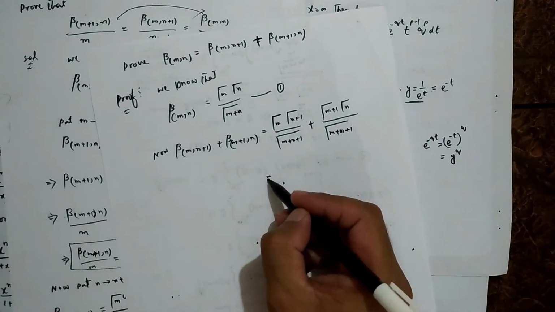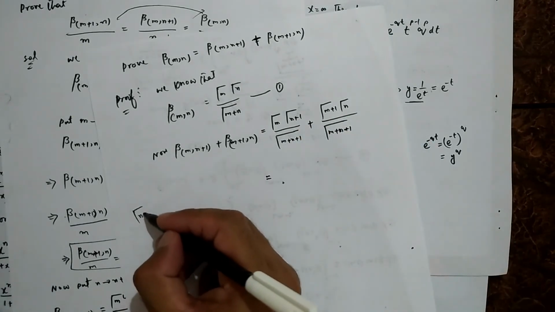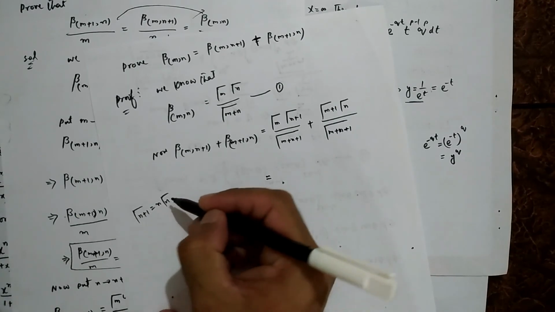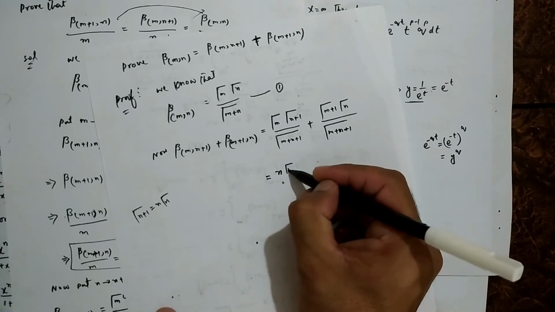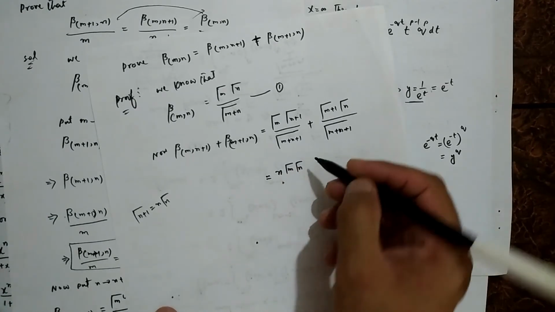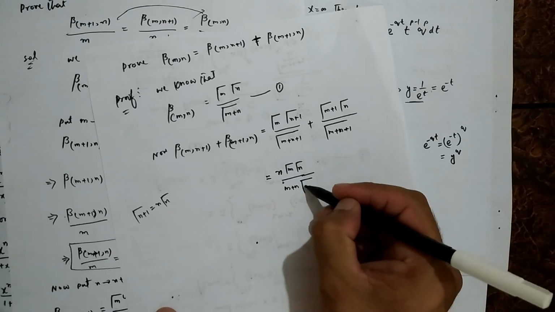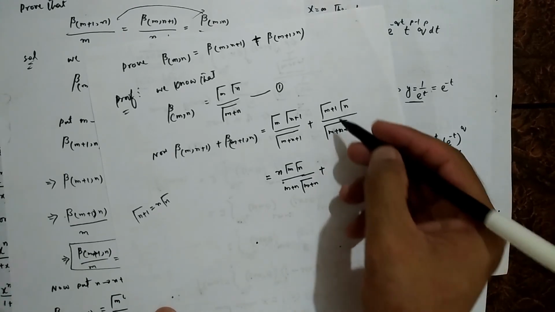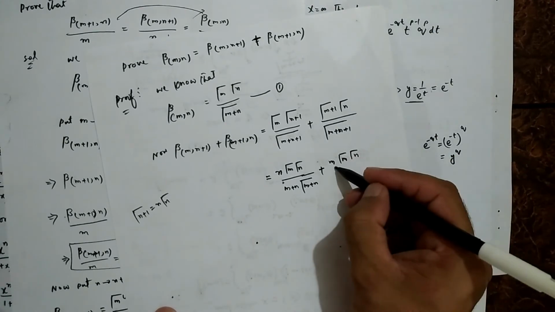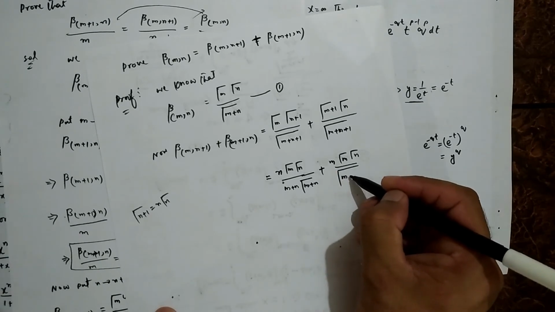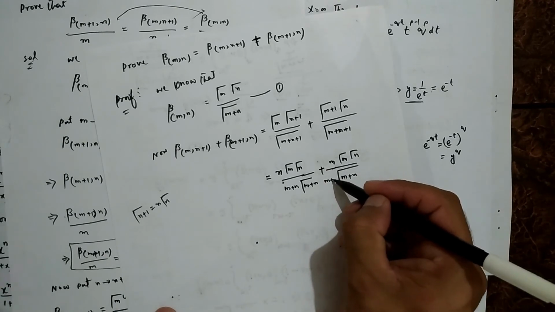Therefore this will be equal to, by the properties of gamma function, that gamma (n+1) is equal to n times gamma n, n times gamma m gamma n upon (m+n) times gamma (m+n), plus here m times gamma m gamma n upon (m+n) times gamma (m+n).